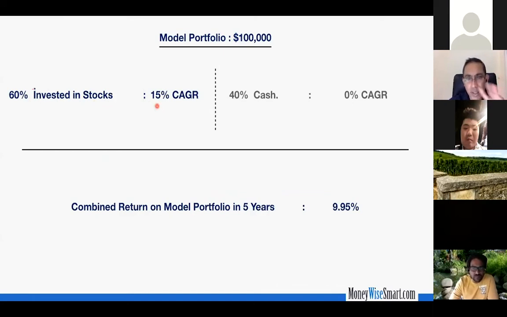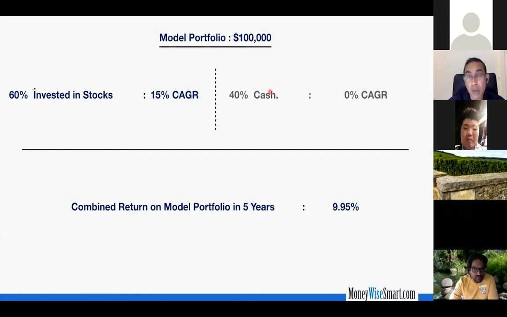Nothing that we discuss here is short term. So I expect to receive a long term return of 15% CAGR from my stock portfolio, and the balance 40%, that is $40,000, I'm sitting on cash because I'm waiting for stock prices to go down even more.